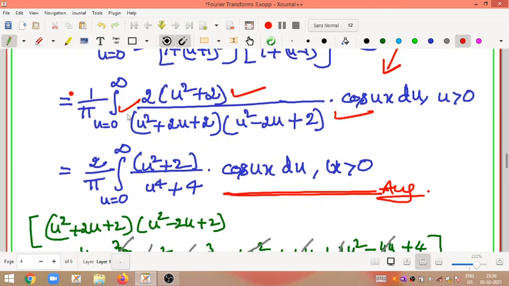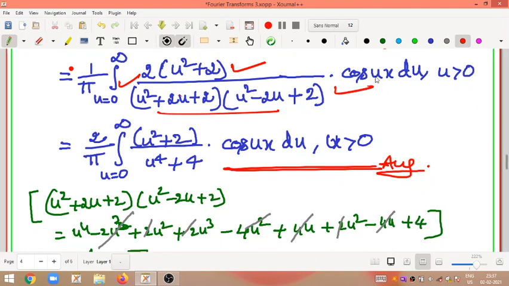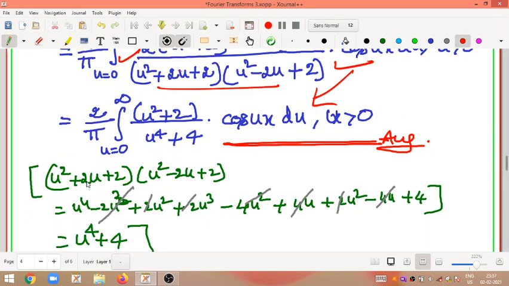Here 2 take outside, 2 by pi into integral 0 to infinity u square plus 2 by this one. This value becomes u square plus 4 into ux. So we are writing as it is. How will this value come? Yes, see here, that denominator is there.